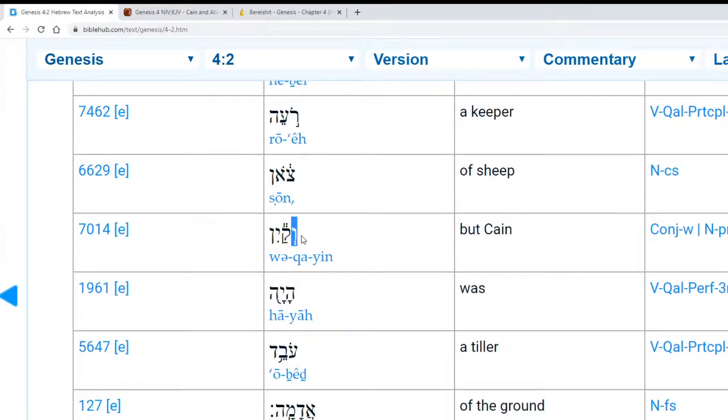Vekain. So the conjunctive vav with the name Cain. Haya, was. Oved. So this is la'avod, right? To serve. They're translating here as a tiller, and when we talk about avodah, we often mean the service in the temple.